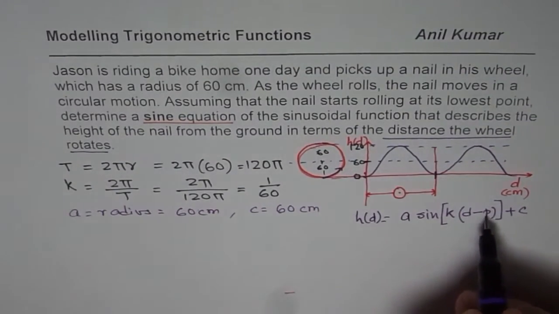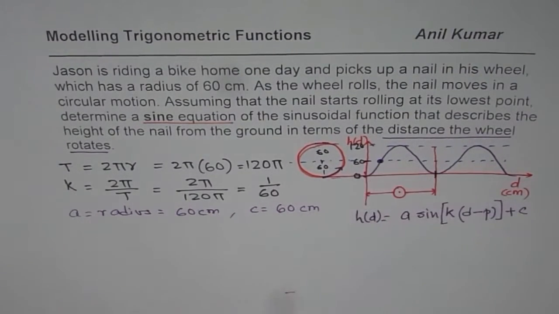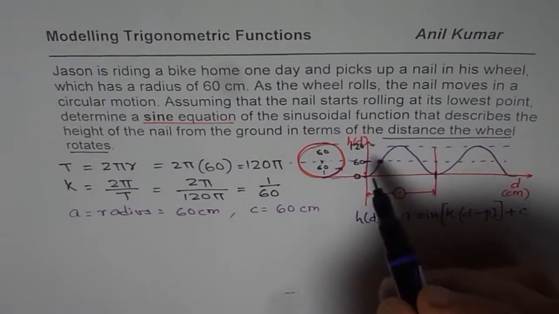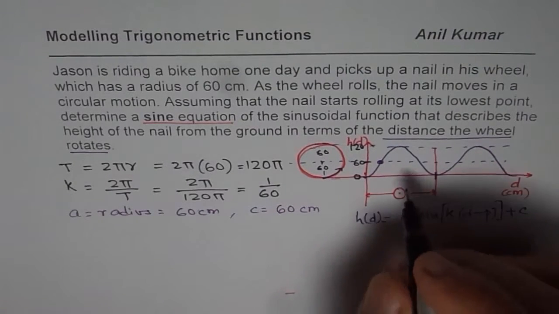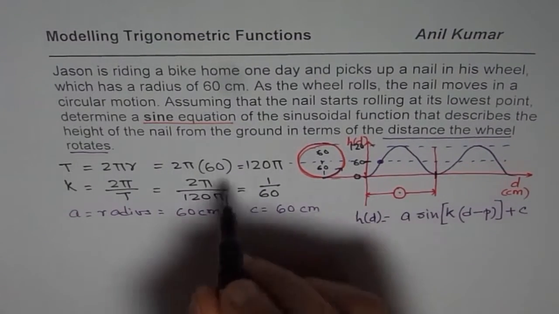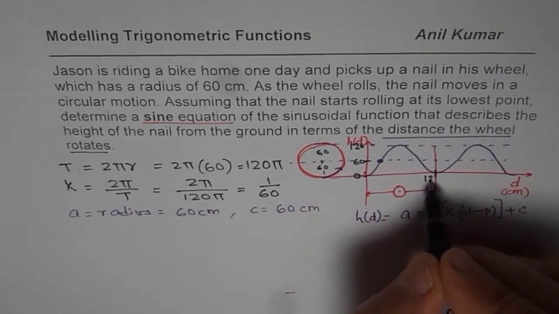To find p, what can we do? Now sine wave starts from the point on the axis from where the wave is rising. Now always this point is quarter of a cycle away. So what we found here is that the period is 120 pi.